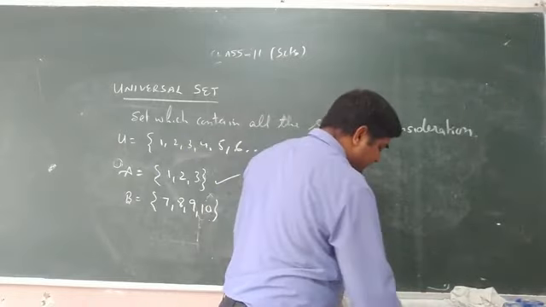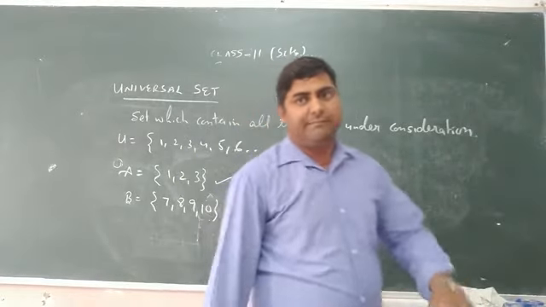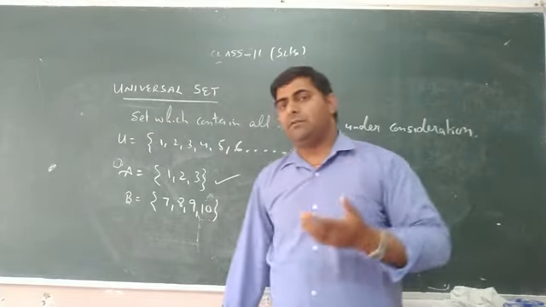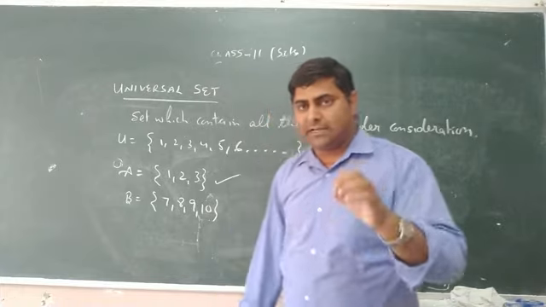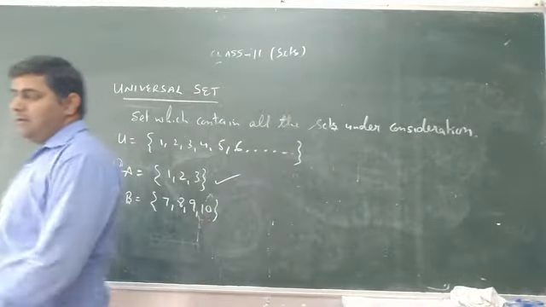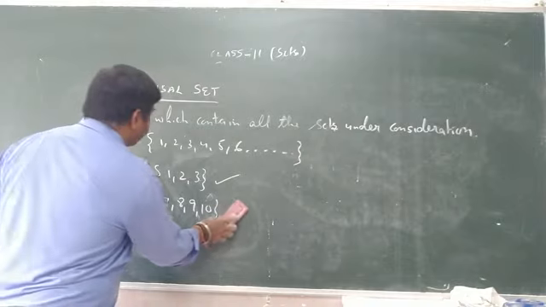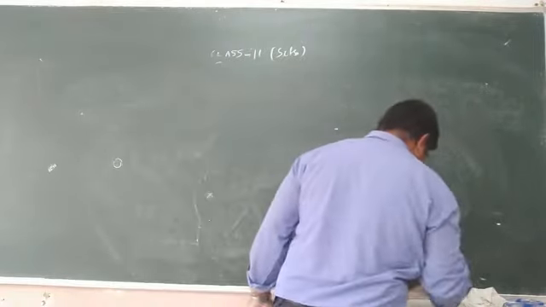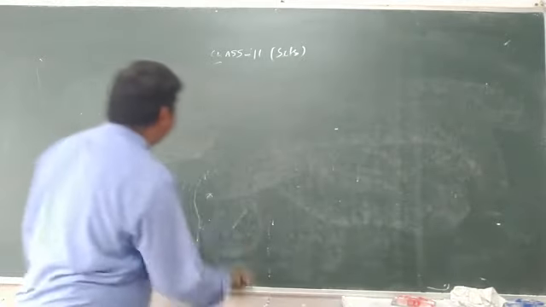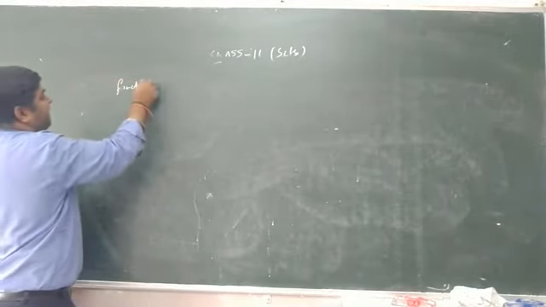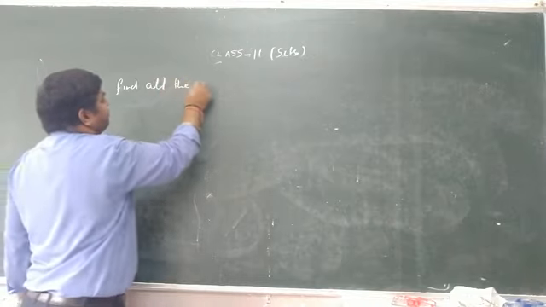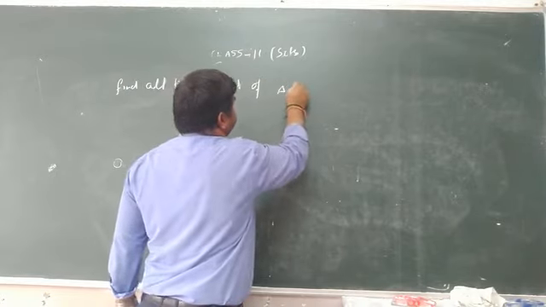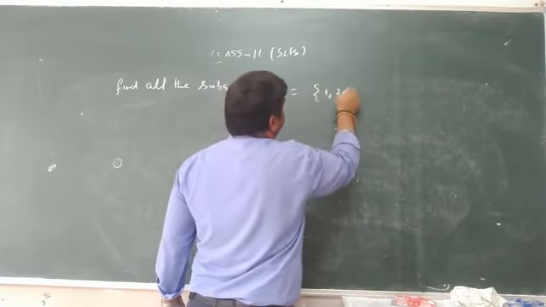Now let us do a very simple example to find the subsets and the power set of a given set. Let us find out how to find the subsets of a given set. So let us take a simple question. Question is, find all the subsets of set A having elements 1, 2, 3.